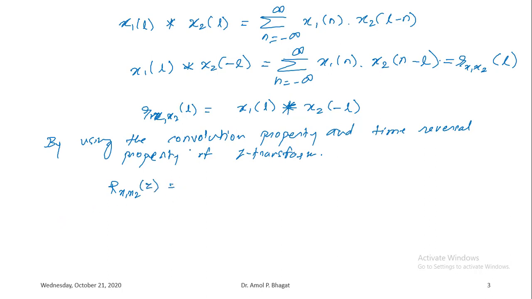As per the convolution property, it will be simply the multiplication of the Z transforms of x1 and x2.